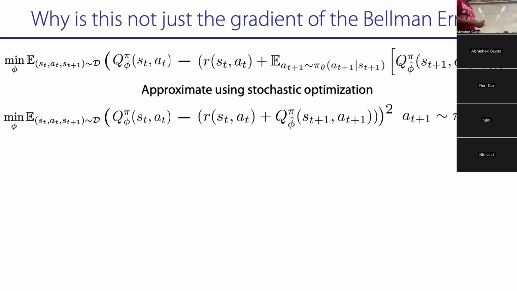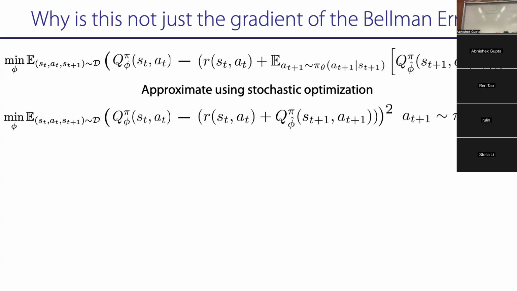The totally practical version of this is that you approximate inserting an expectation over A_{t+1} with many samples. You approximate it with a single sample A_{t+1} from your policy. And so the objective that you'll implement in your homework and that is often used is essentially this objective where you sample S_t, A_t, S_{t+1} from some data set that doesn't have to be pi.